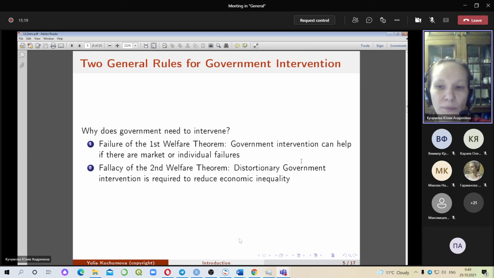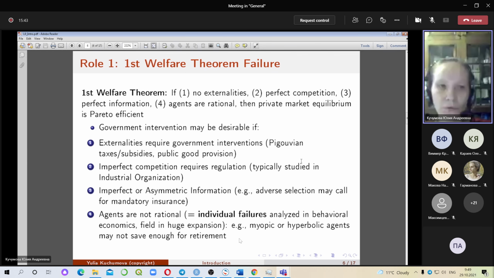This means that government intervention, despite its distortions, is required to reduce economic inequality. We have inequality in real life, and government policy can help us decrease that inequality.